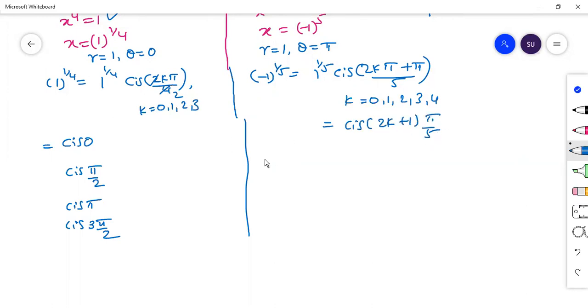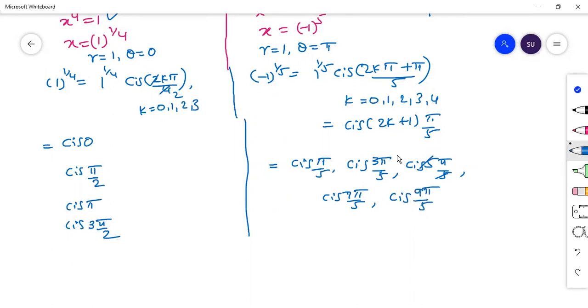So if you substitute k as 0, you will get cis π/5, and if you substitute 1, 2 plus 1 is 3, cis 3π/5. Next, for 2, 2 times 2 is 4, plus 1 is 5, so 5π/5, which means you can cancel the 5 and 5, so cis π. Next, if you substitute 3, 3 times 2 is 6, plus 1 is 7, cis 7π/5. And the next one is cis of 4 times 2 is 8, plus 1 is 9, so 9π/5.